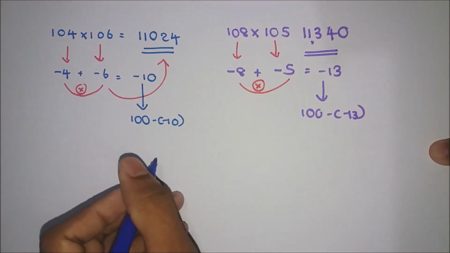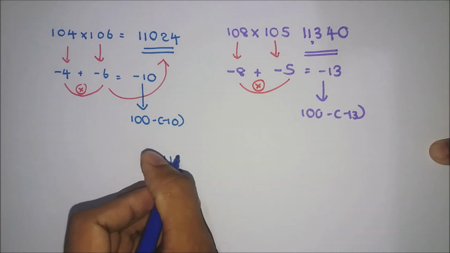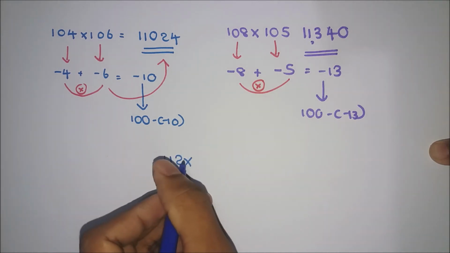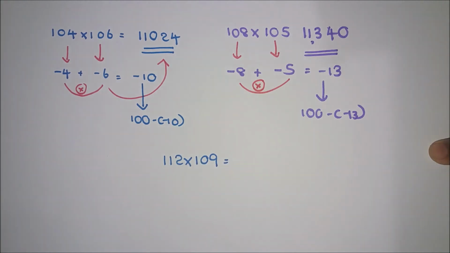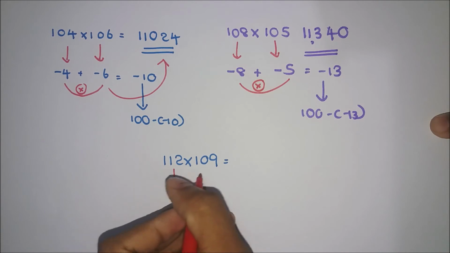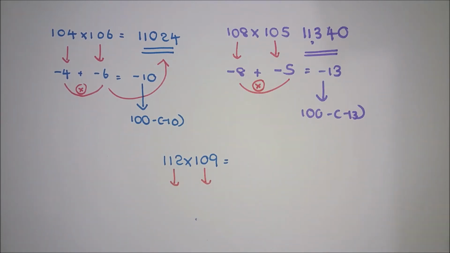Let's consider another example to clear this procedure. We have to solve 112 multiplied by 109. Same procedure. What is the first step? Take the differences, minus 12 and minus 9.